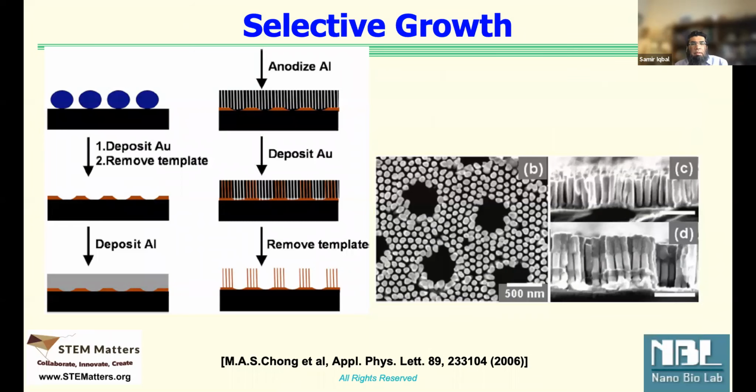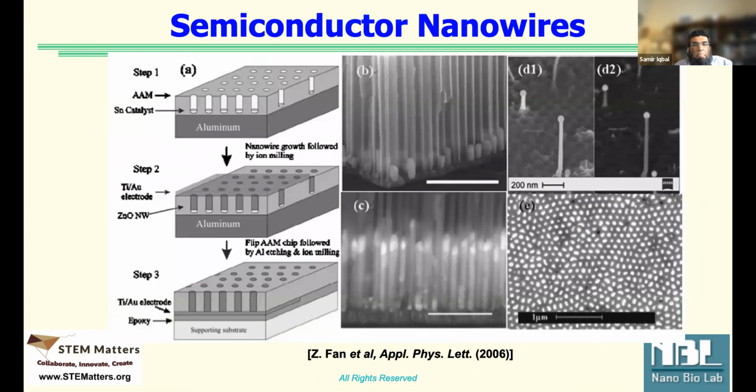You see that's a side view. The membranes have been used to grow these nanowires only on selective places. They've used this to fabricate zinc oxide nanowires as well. Here's another example where they have grown a forest of nanowires.